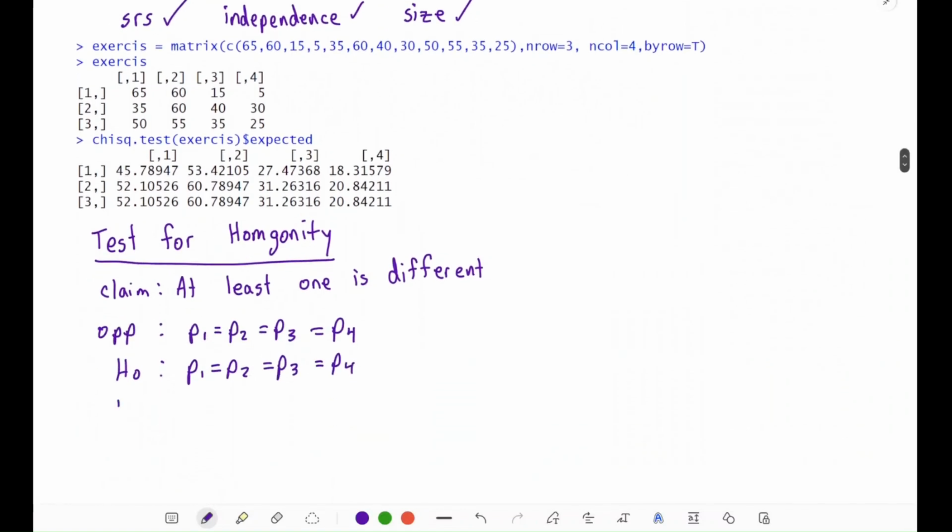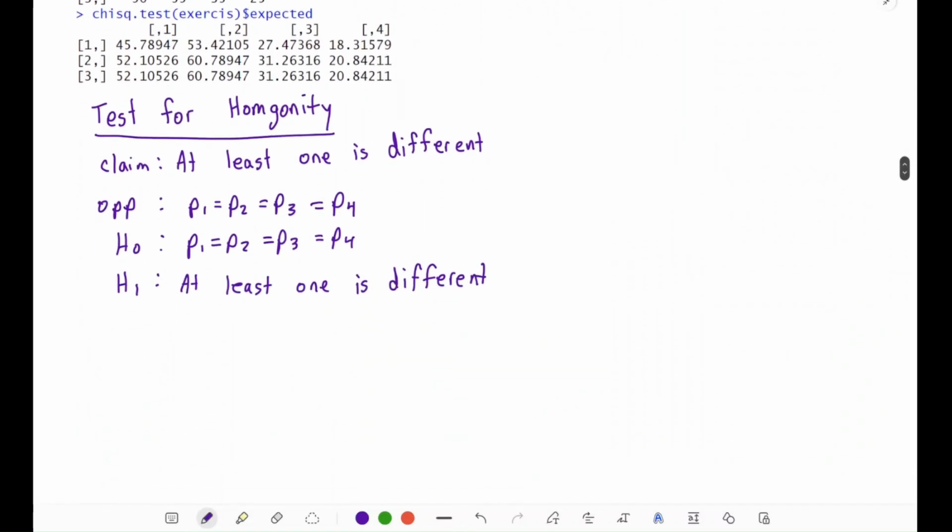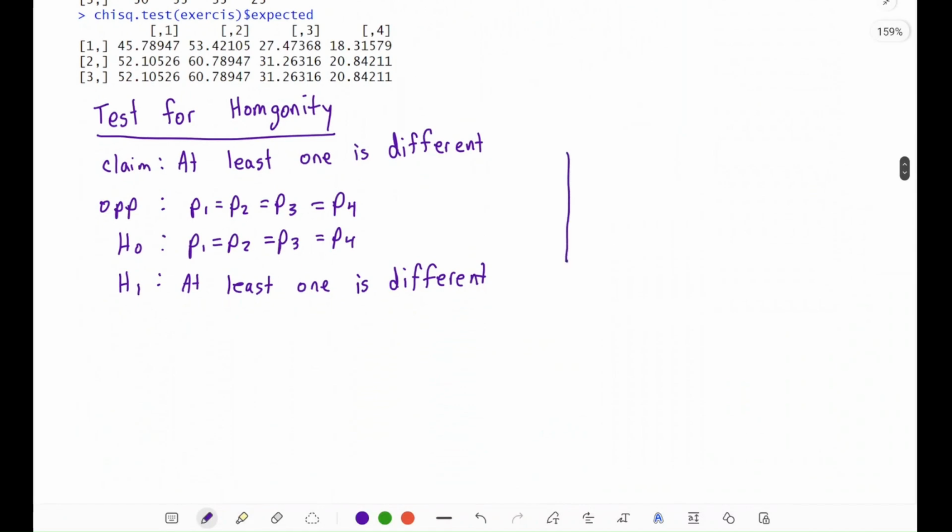And then the alternative hypothesis is that at least one is different. It's a chi-squared test, so it's right skewed. It's also a right-tailed test, and our significance level is 0.02.